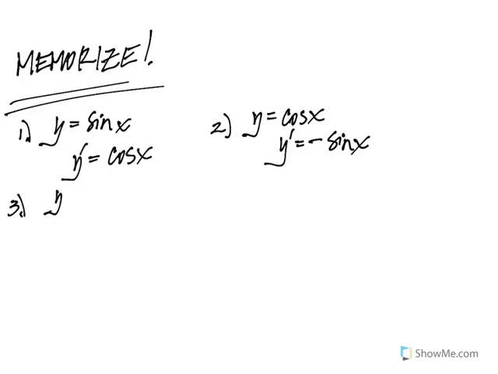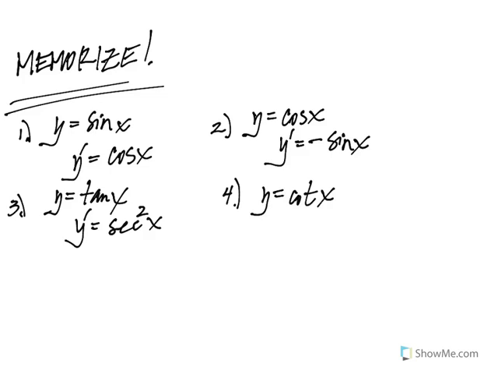Here's the third one. If y is equal to the tangent of x, y prime is equal to the secant squared of x. Number 4, if y is equal to the cotangent of x, y prime is equal to the negative cosecant squared of x. Odd, I know, which is why I'm having you memorize it.